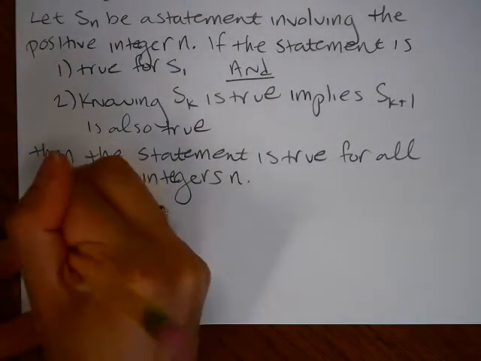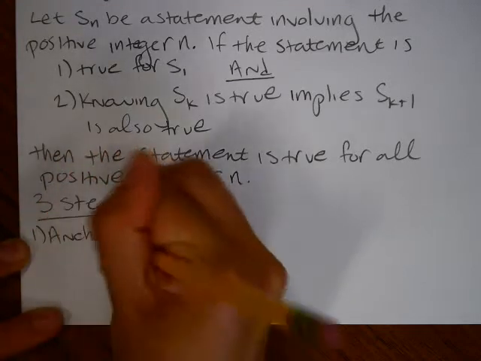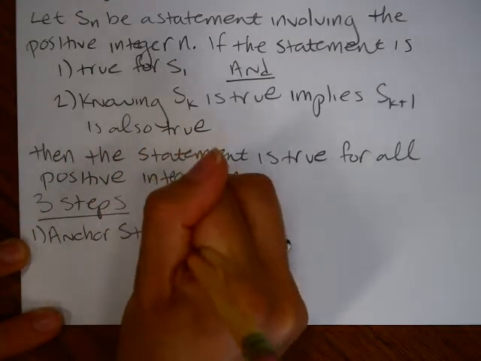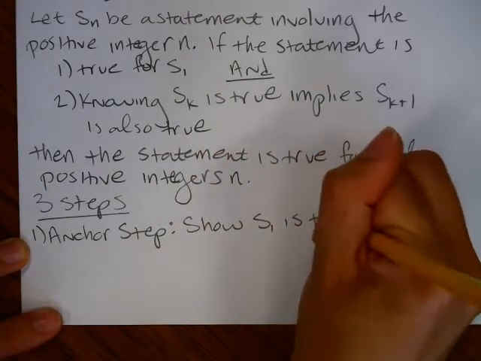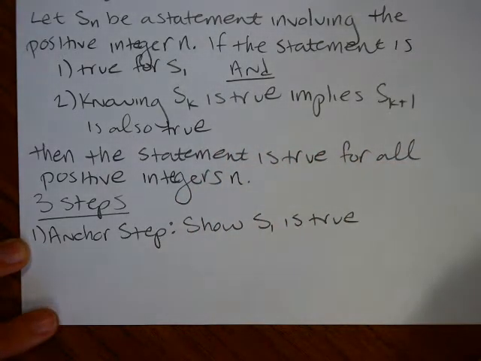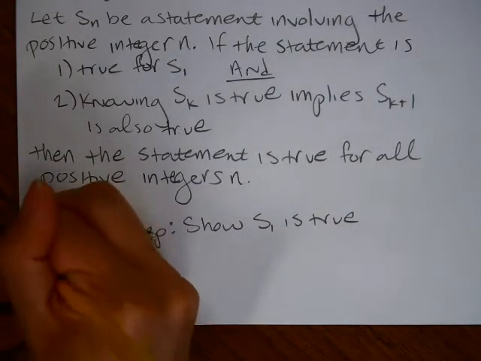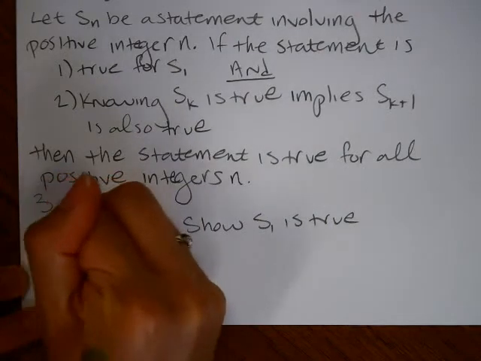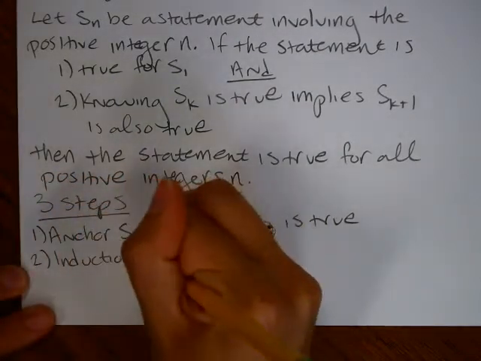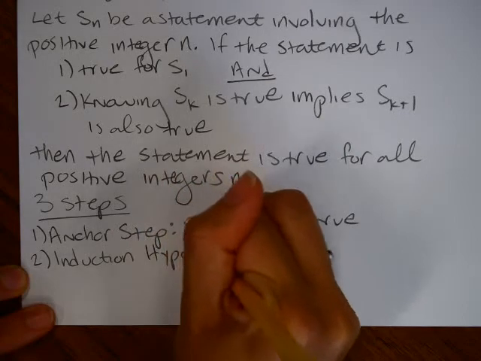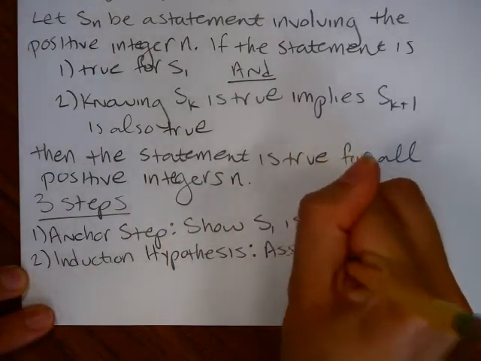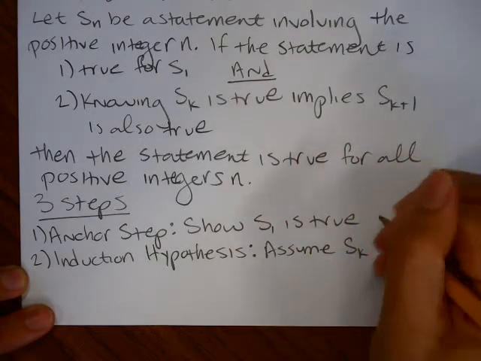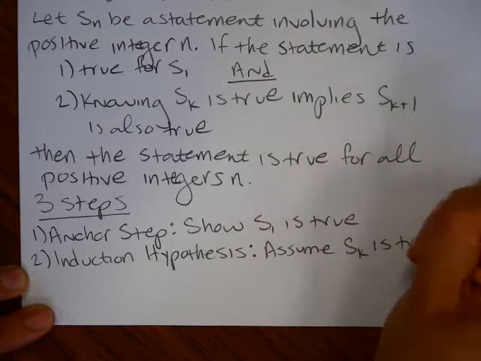The first step is called the anchor step, and that is where you show S1 is true. In other words, that's where we're going to knock over our first domino. The second step is called the induction hypothesis. That is where we assume Sk is true.